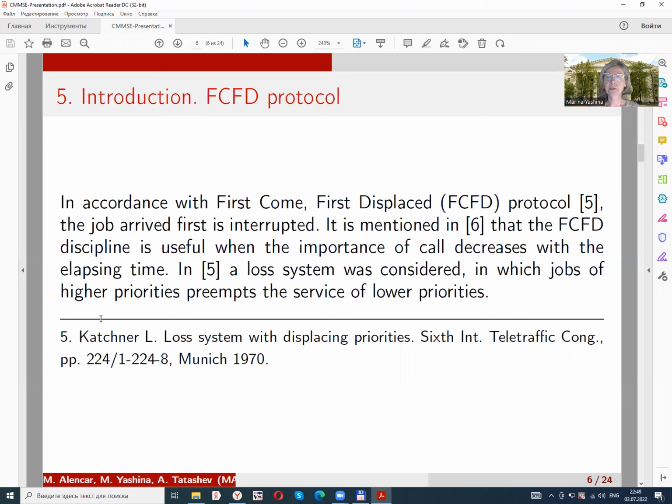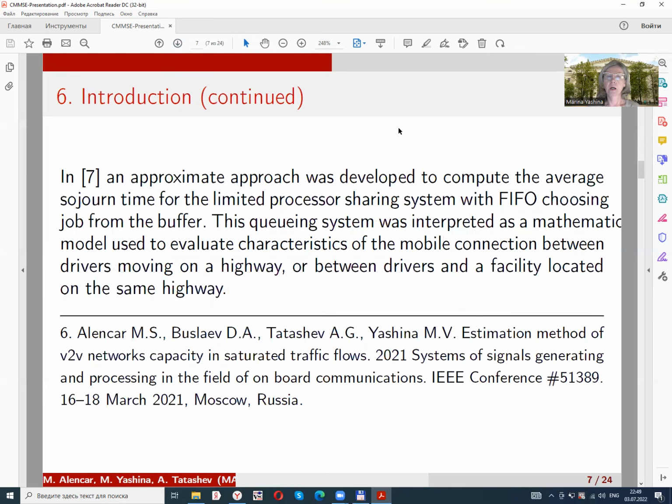A loss system was considered in which jobs of higher priority preempt the service of lower priorities. In [6], an approximate approach was developed to compute the average sojourn time for the limited processor sharing system with FIFO choosing jobs from the buffer.